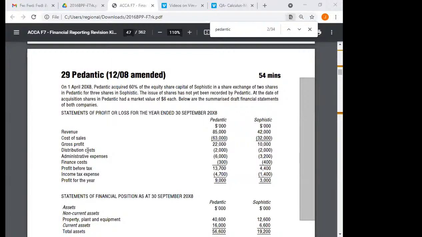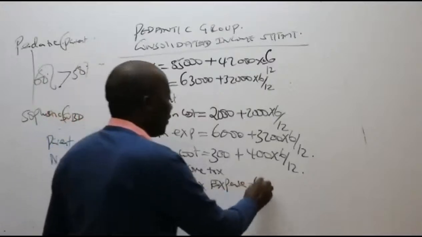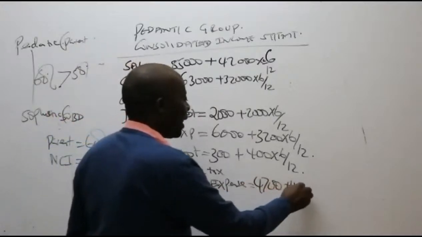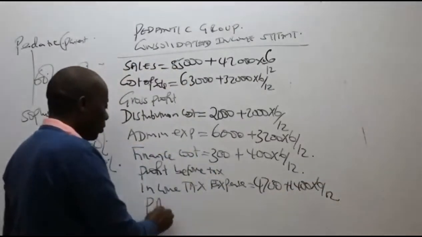And then we have income tax expense. Income tax expense, they gave me 4,700 and 1,400. I'll say times 6/12 like that. And then of course I'll be able to get profit after tax.